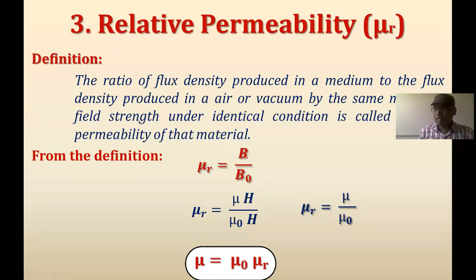At the numerator the flux density is there, and as we know, the unit for flux density is Weber per meter square or Tesla. Is it right? The denominator is also flux density, Weber per meter square or Tesla, so mu r is a unitless quantity, because it is the ratio of flux densities. So mu r is unitless.